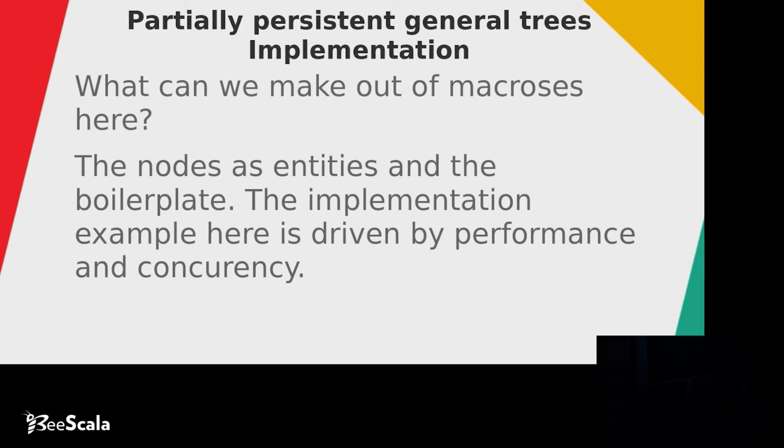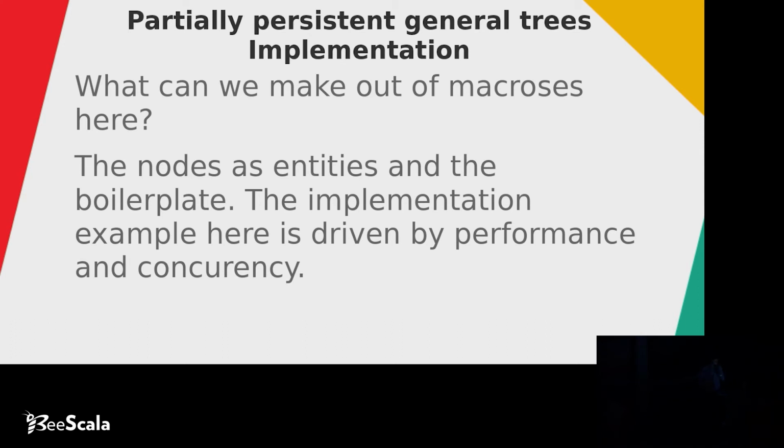Memory can mostly be compensated by memory sharing, but performance for copying the immutable objects is not that easy, especially when you have bidirectional relationships between the nodes.